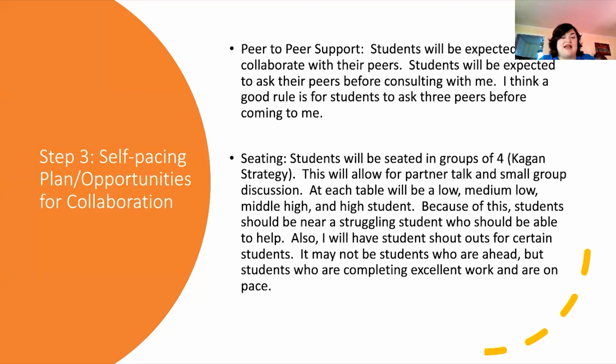That's kind of the way the Kagan strategy is supposed to work. So that there's somebody at that table that is probably ahead of pace and has already done this lesson, or maybe they can just explain it better. Maybe they're currently working on that lesson. So students are able to talk to each other and help each other figure things out and explain things to one another.